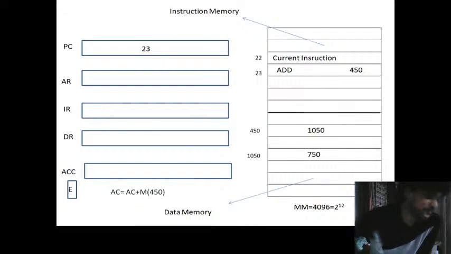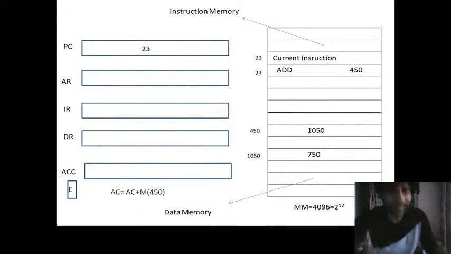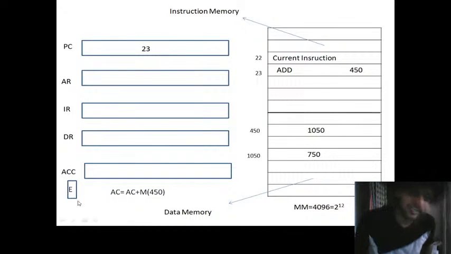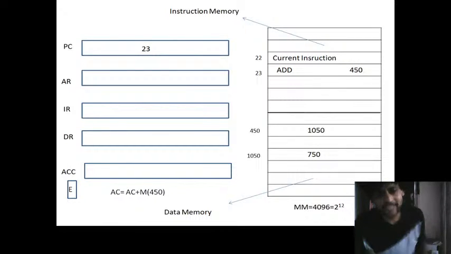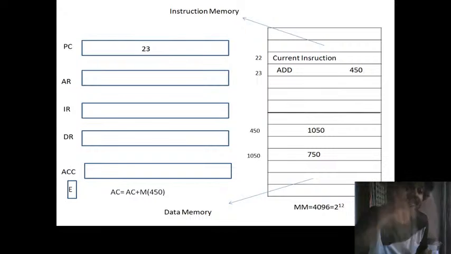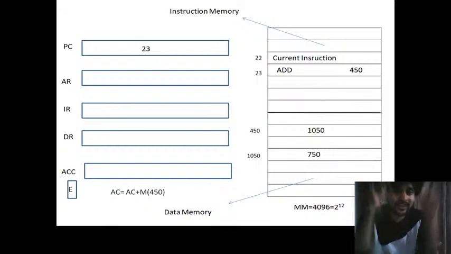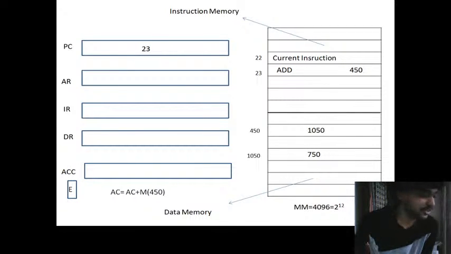E, I will tell you, do not supersede me. There is something called E, which is called extended accumulator, but I did not come to that far. Let me give you an assurance that you're going to understand every single little detail if you follow my classes carefully. That's it.